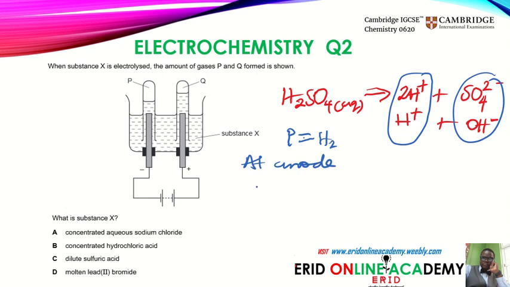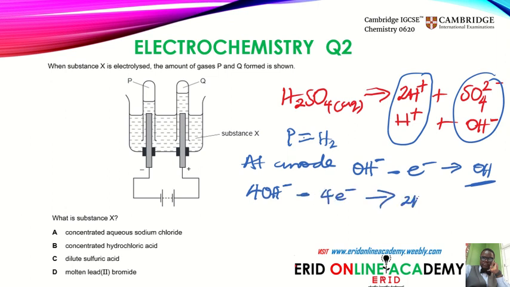So if hydroxide is discharged, it's going to lose one electron to form OH, but this is not basically a compound that can exist on its own. So you have water and oxygen that will be discharged, and to be able to form water and oxygen, we're going to be needing 4 hydroxide ions to lose 4 electrons to produce 2 water and 1 oxygen.